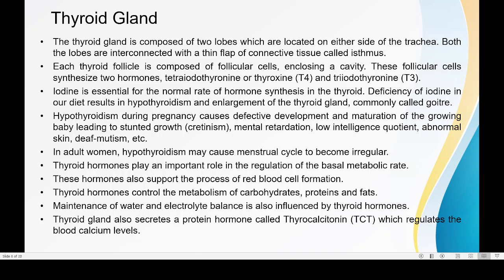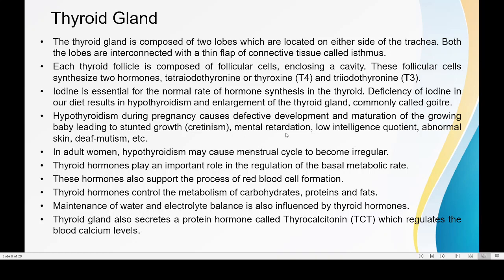There is stunted growth. The thyroid hormone is a very important hormone needed for the development of our body. If this hormone is not present in sufficient concentration, that will lead to stunted growth. The physical growth may not take place.